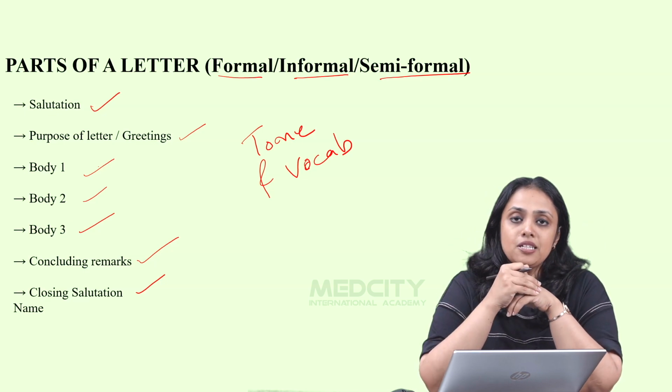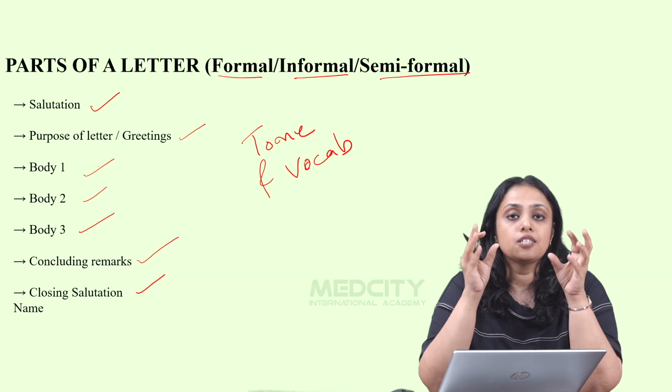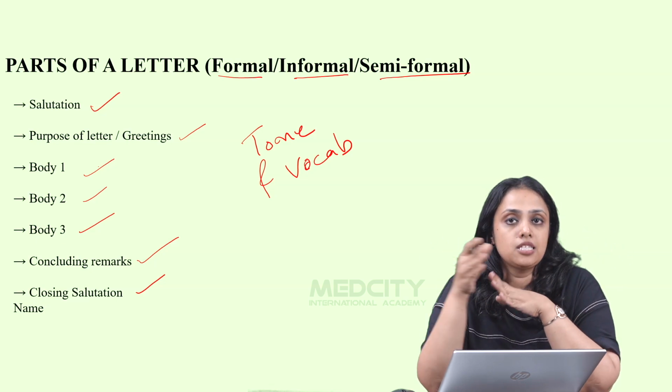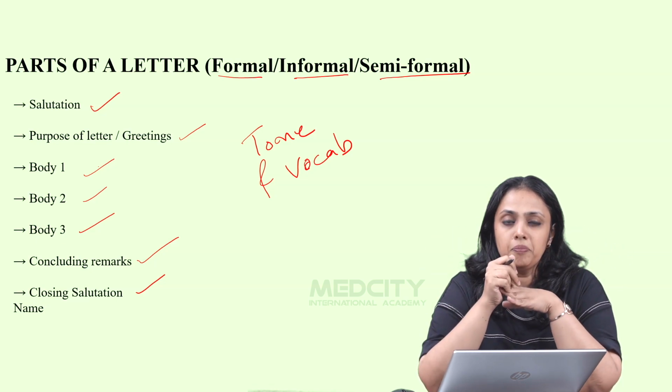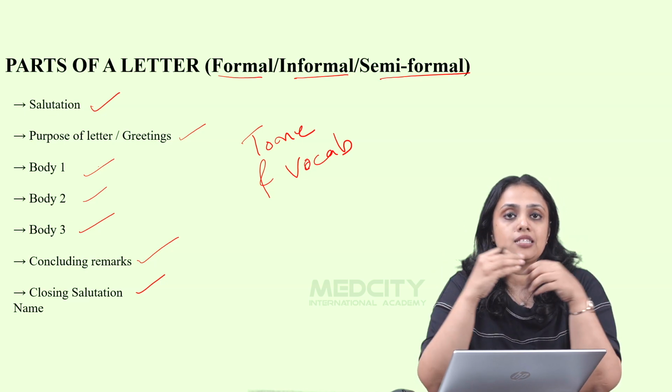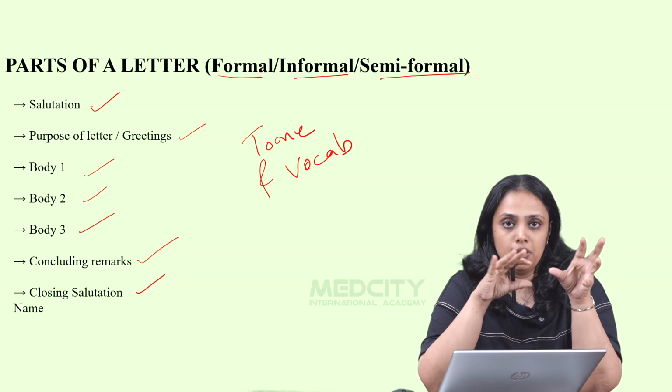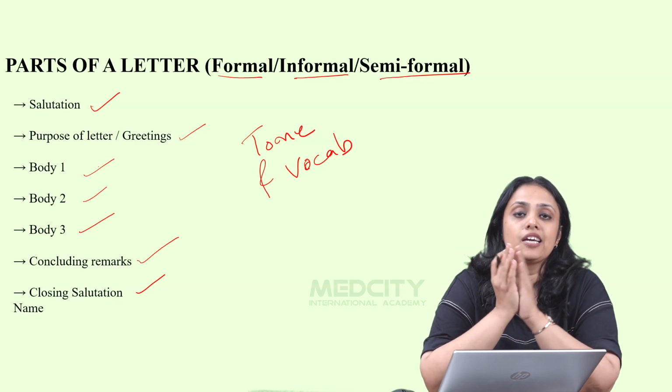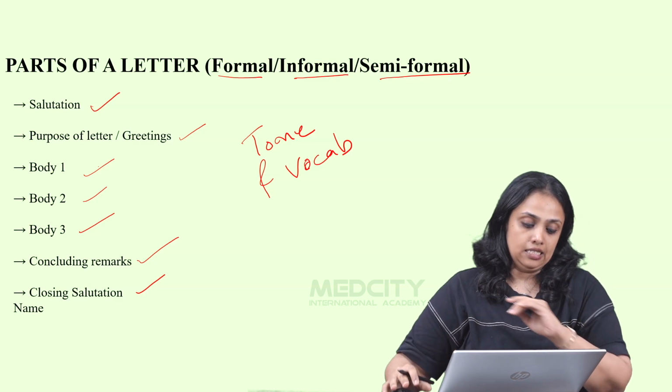I'll show you examples. So this is the basic difference between formal, informal and semi-formal letters. The structure remains the same. The tone, the way in which you present the sentence, and the words that you use to build the sentence will not be the same across the different types. There will be slight differences between the different letter types.